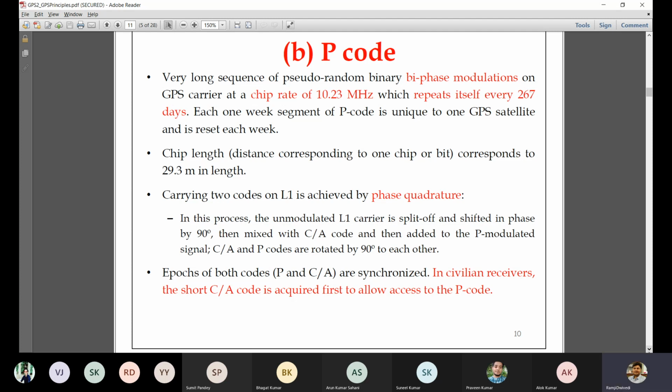That means first you split off the unmodulated L1 carrier, then shift it in phase by 90°, then mix with the CA code and then add to the P modulated signal. So the CA code and P code are rotated by 90° to each other. Epochs of both codes, P and CA codes, are synchronized. In civilian receivers, the short CA code is acquired first to allow access to the highly precise P code.